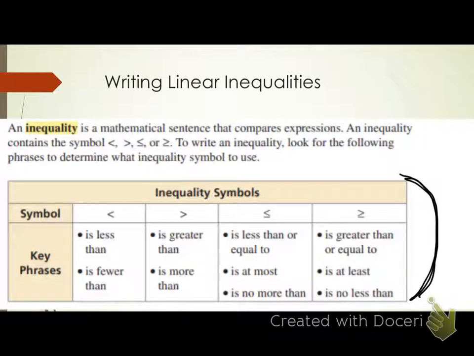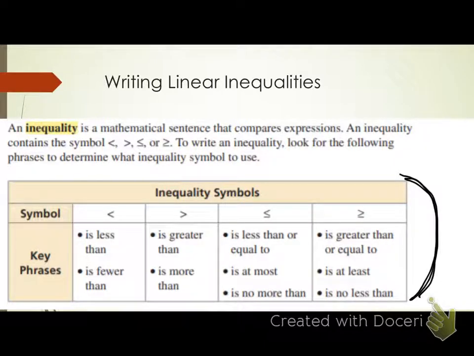When we get to the or equal to symbols, that's when they can get a little confusing. Let's look at the key phrases under is less than or equal to. Of course, it says less than or equal to. Whenever we get to these bottom two, is at most and is no more than, people get confused. They associate the words most and more than with a greater than symbol. But is that the case?